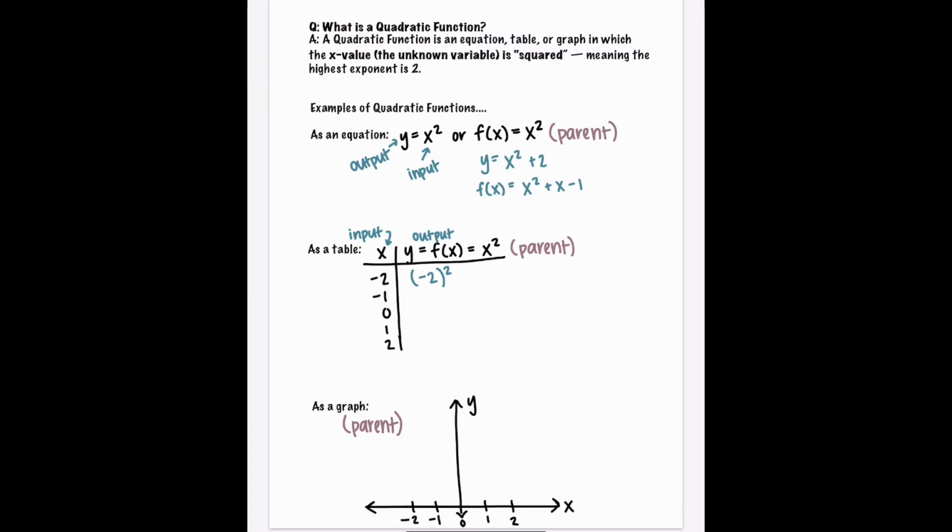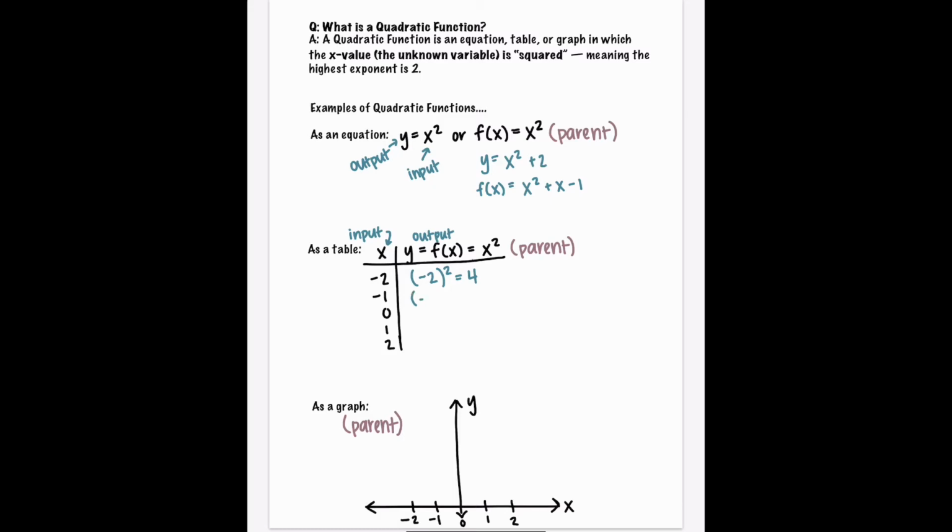So I took negative 2 and put it in the place of x and raised it to the second power. Now, when you are squaring something, always put the base in parentheses. What this really means is negative 2 times negative 2, and negative 2 times negative 2 is a positive 4.